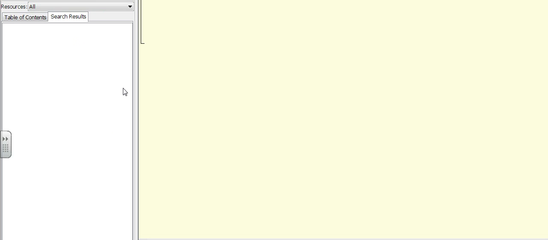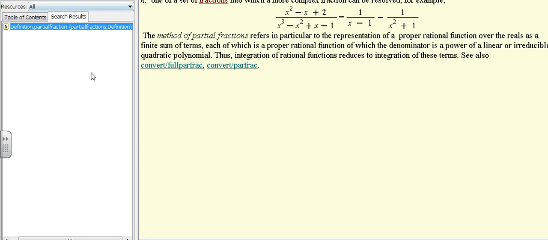Well, I got it misspelled. P-A-R-T. I have a C, and I shouldn't have that C. All right, so I got rid of the C. All right, partial fractions.